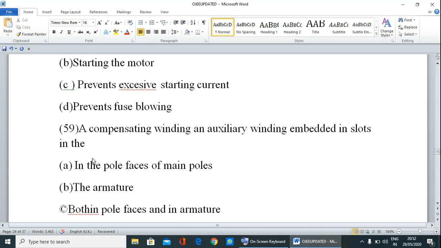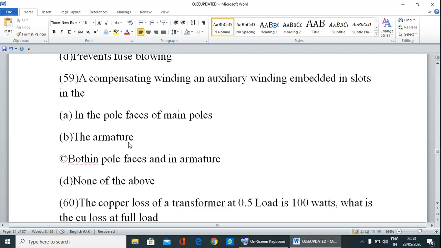So next question, a compensating winding is an auxiliary winding embedded in slots in the pole faces of main poles, the armature, both, or pole faces and armature. Correct answer is A, that is in the pole faces of the main pole.